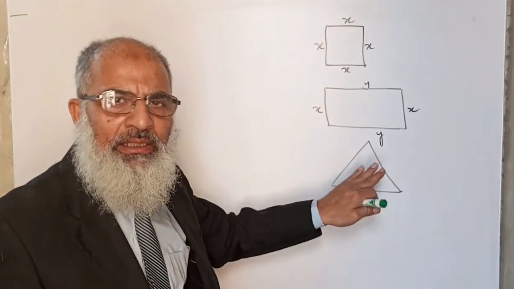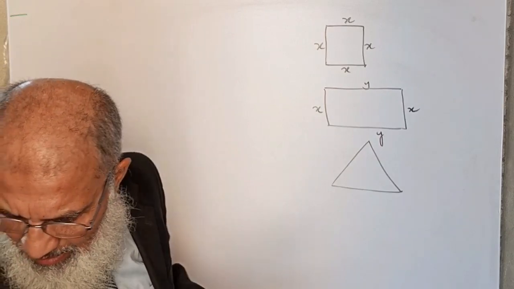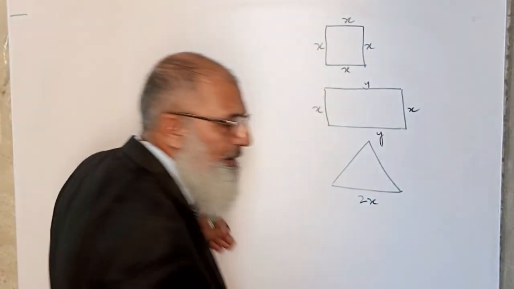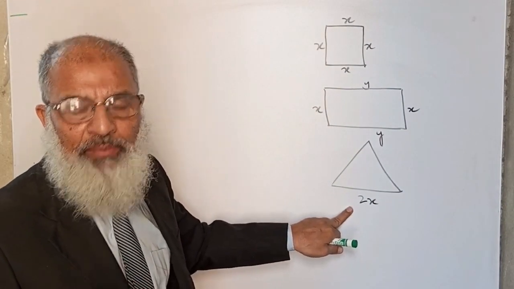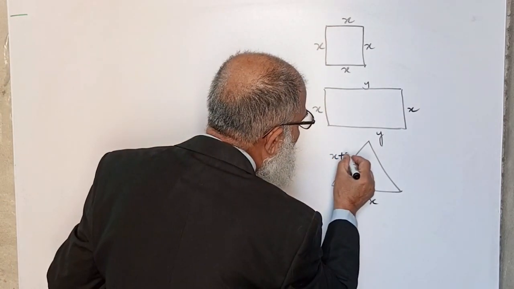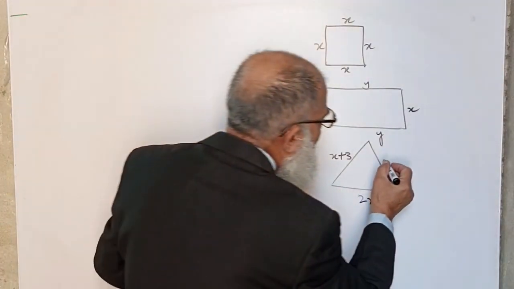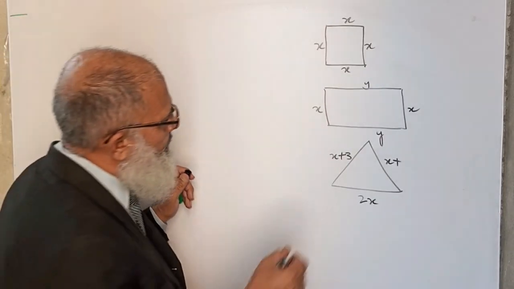This is a general triangle. The sides assigned to these are 2x, then x plus 3, and the measure assigned to this is x plus 4.